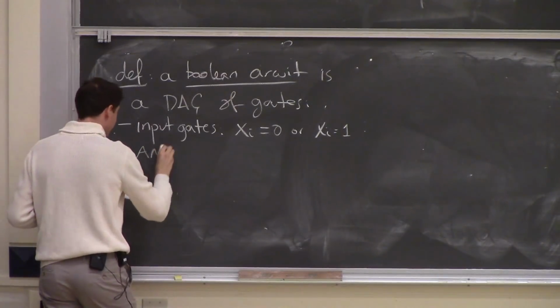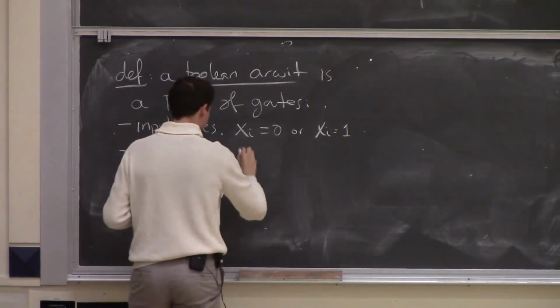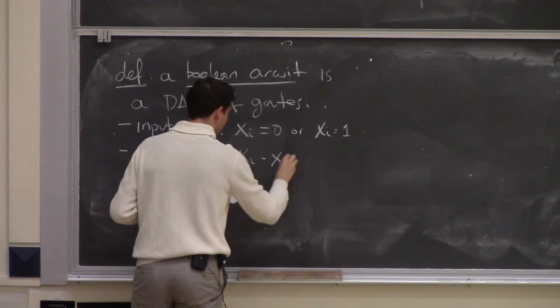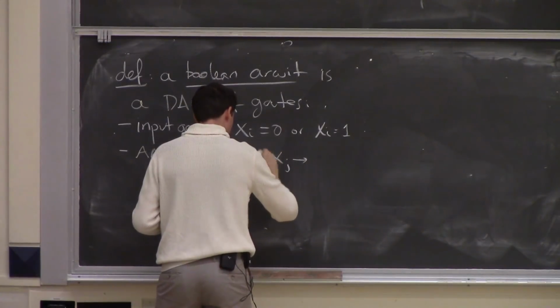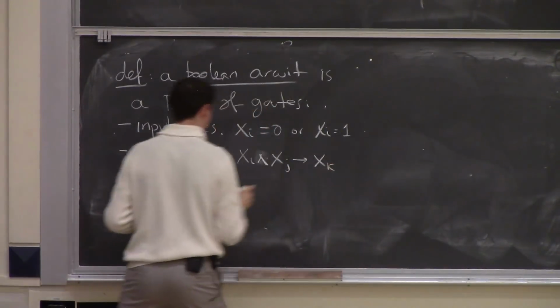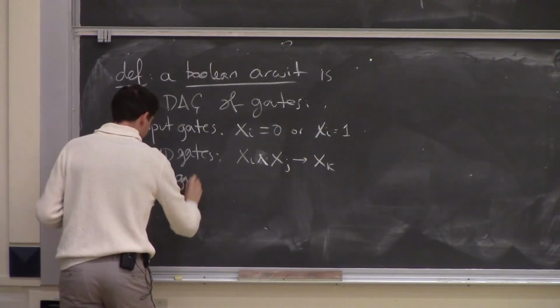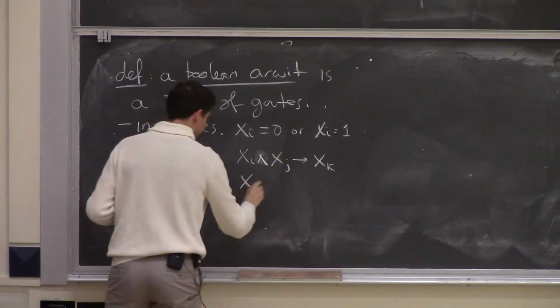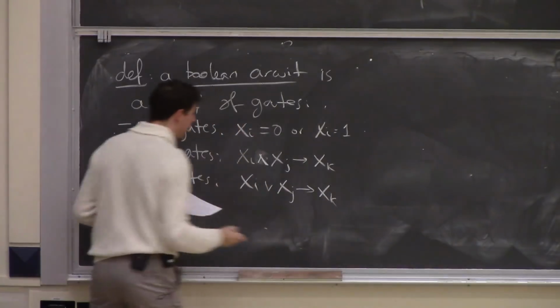You have AND gates. That says that x_i and x_j goes to x_k, okay? You will have OR gates that says x_i or x_j goes to x_k. By the way, what are these gates?